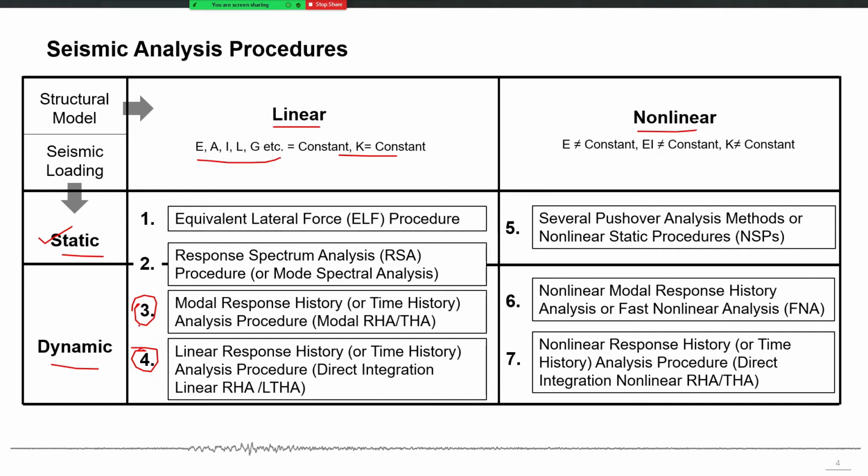The third method is using the modal analysis results, which means mode shapes, time periods, and all other modal results, to determine the forced vibration response of multiple degree of freedom systems. While method 4 is using the direct integration scheme. So 3 and 4 both are the rigorous dynamic analysis procedures.